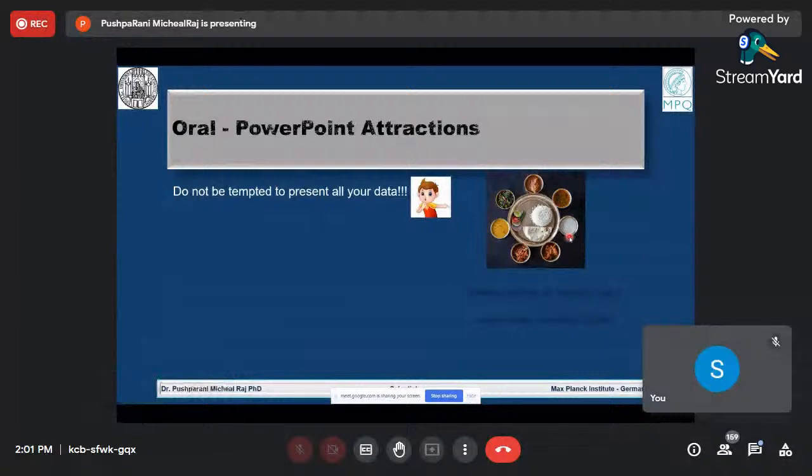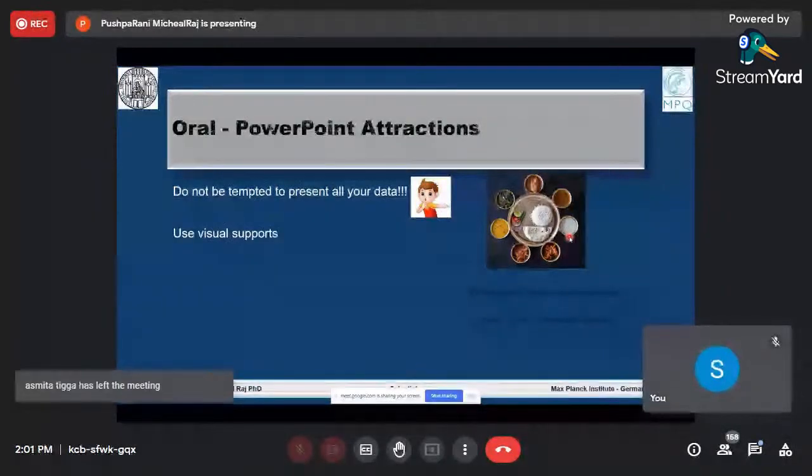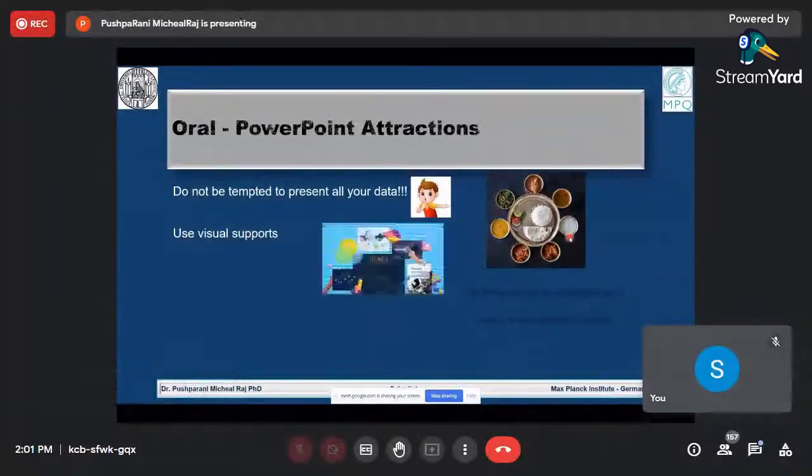Use some visual support as much as possible. Try to take some pictures. Try to include as much evidence as possible in a graphical or pictographical format, and keep it simple and short. That is also most relevant in these oral presentations, because not many people will be impressed by a lot of things.